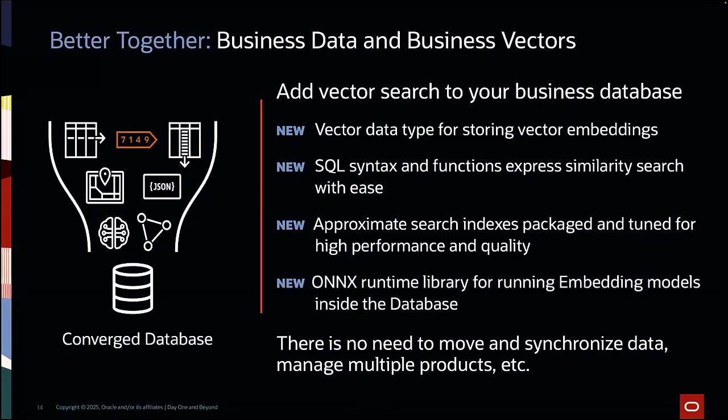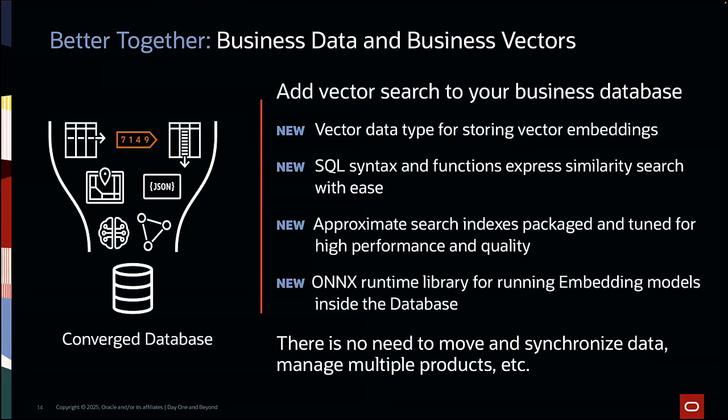So the way that Oracle is addressing vector support in Oracle Database 23 AI is by creating, or we've released, if you wish, a new data type for storing these vector embeddings. And it's literally called a vector, and it can be defined as a column in a table. And I'll show you in a moment what that looks like.